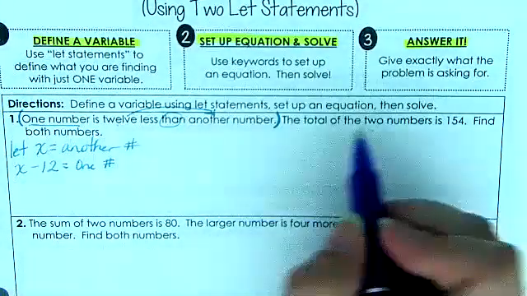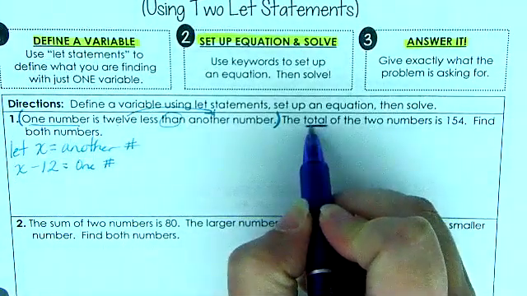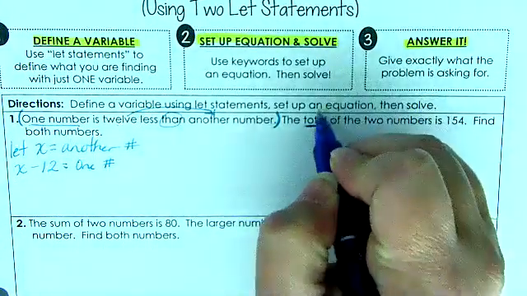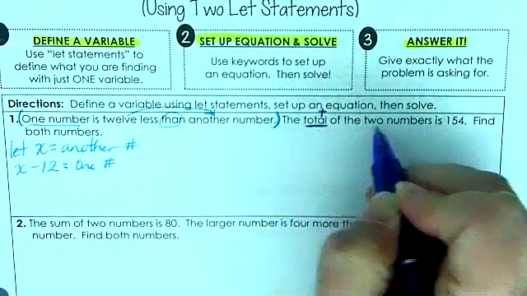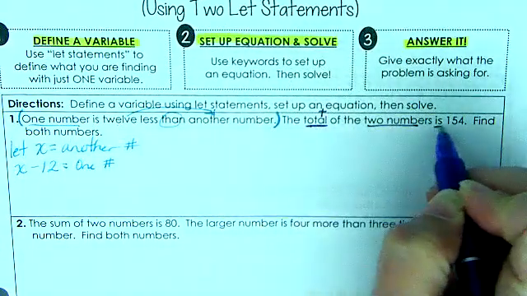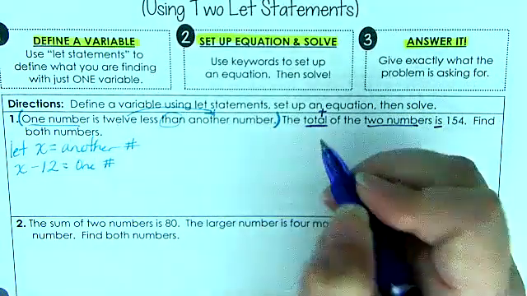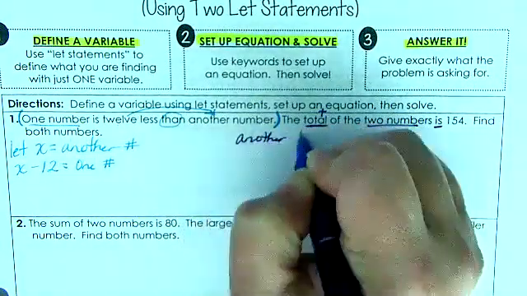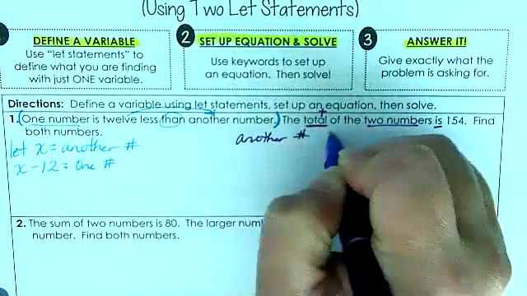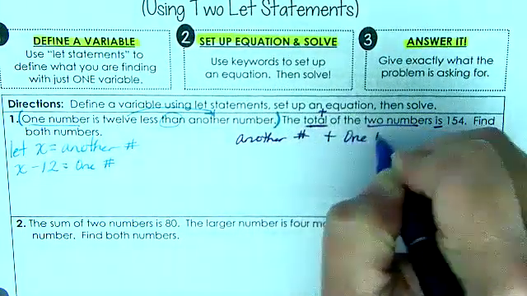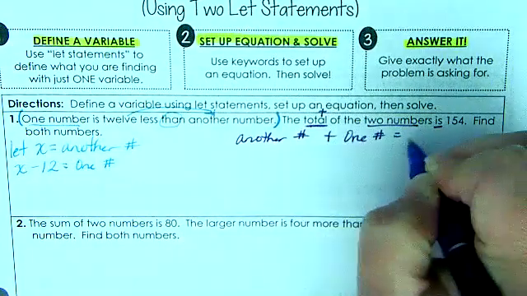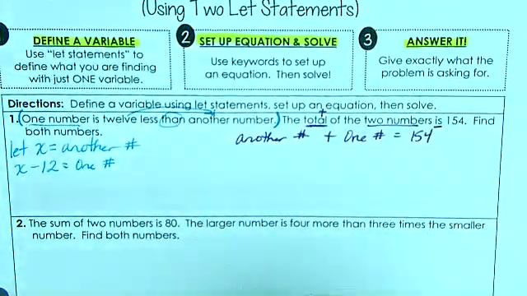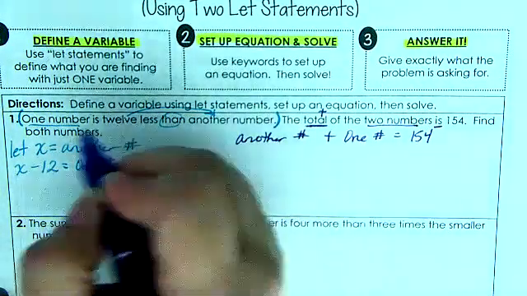Then it tells me some more information. So now it talks about total. Total here means I'm adding the two together. The total of the two numbers is 154. That means I'm doing another number plus one number equals 154. So I'm going to take the algebraic expression that we have for each and plug it in.